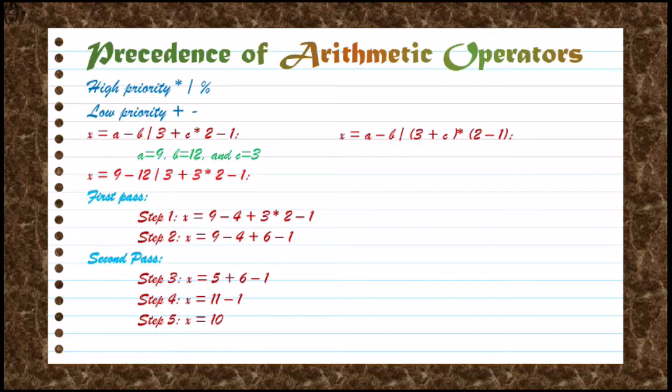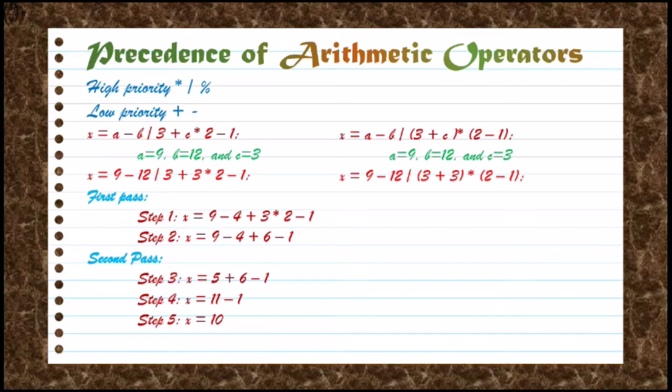The same expression is written, but we have introduced parentheses. Now we will calculate the same equation. Take the same values, a equal to 9, b equal to 12 and c equal to 3, and just replace the values.